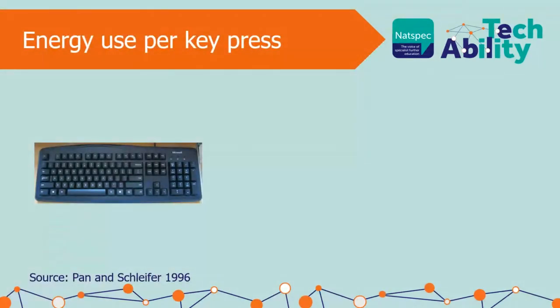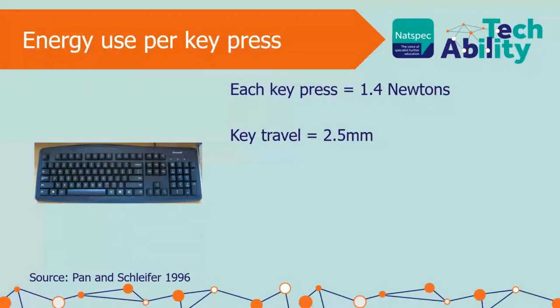If we then look at how we apply that to what we're talking about, which is saving energy from typing, each key press takes the force of about 1.4 newtons, roughly 1.5 apples pressing down, if you like, when you're pressing a key on a normal keyboard. To get the key from the top to the bottom takes about 1.4 newtons.